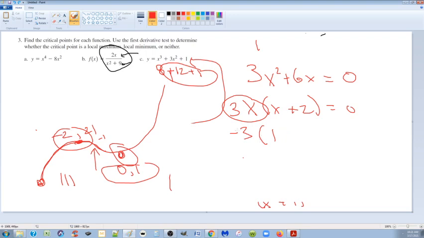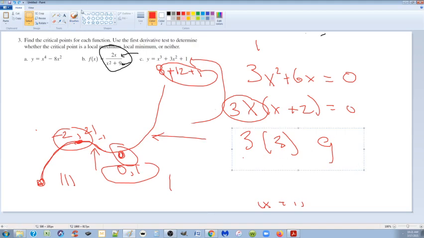Then I can take minus 3 in this equation to see what this slope is doing. And I get minus 9 times minus 1, which is plus 9. And I can see that slope's going up. Finally, I can take 1 on this side of this point to see if my slope's going up again. And I get 3 times 3, 9. So I can see my slope is going up again.